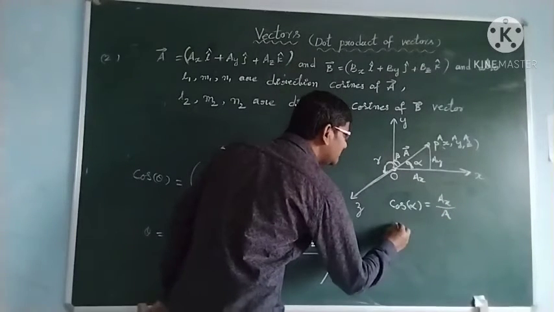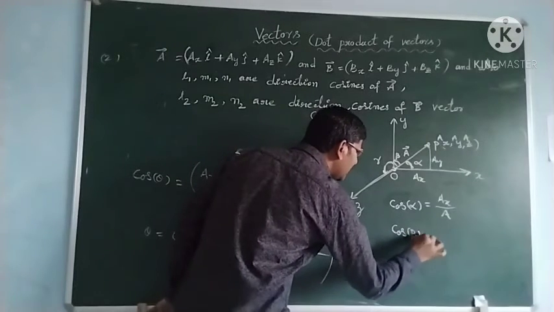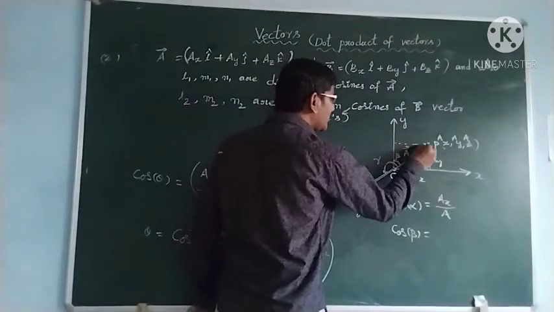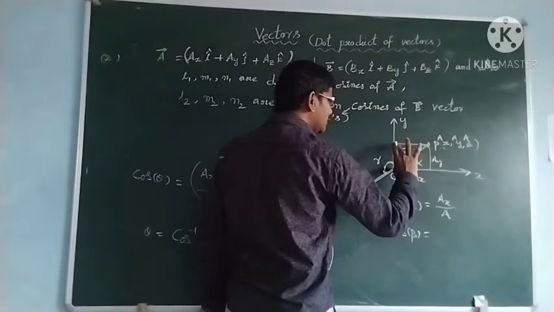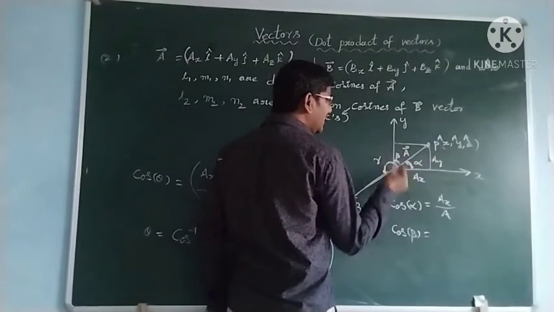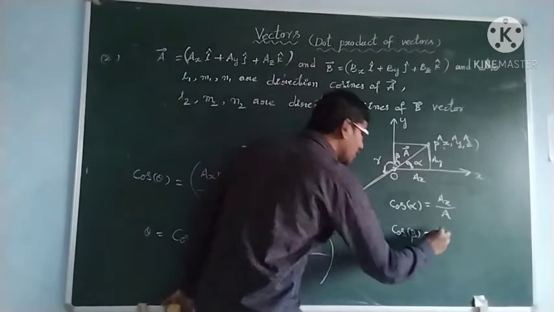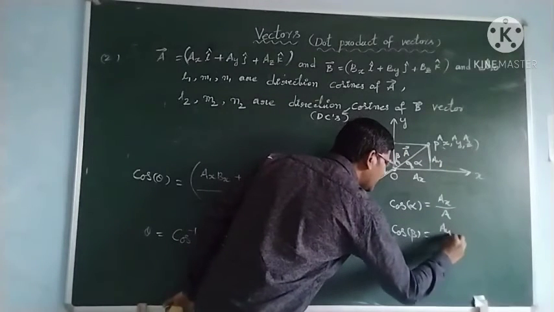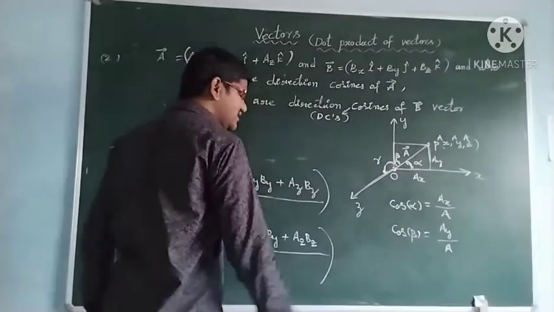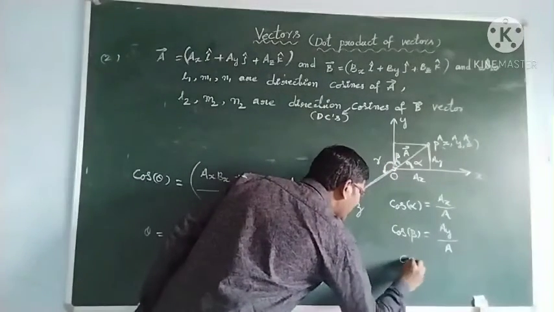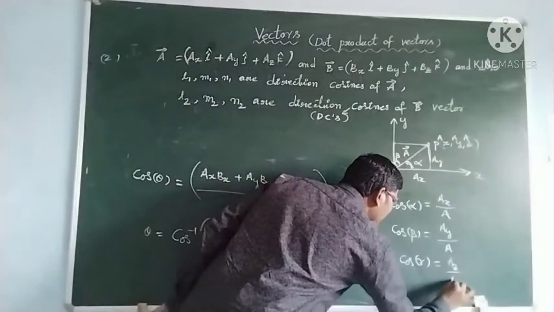Similarly, cos beta, with this adjacent side ay, is ay by a. And similarly cos gamma is equal to az by a.